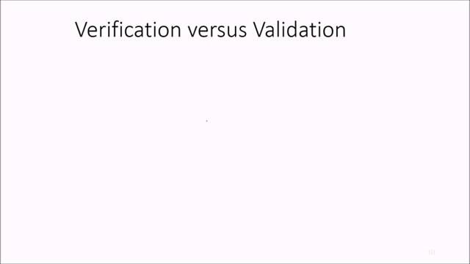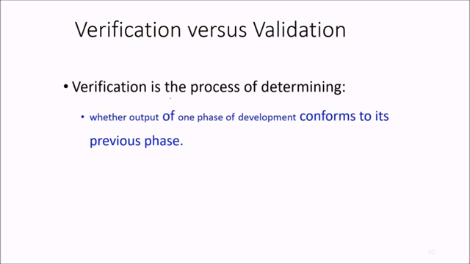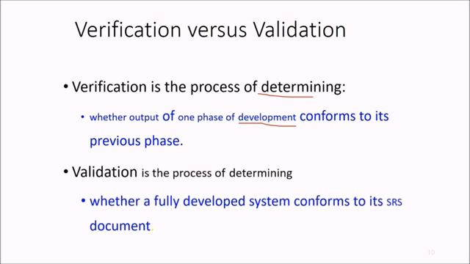Then an important question comes: generally people say verification of the system, validation of the system. There is a difference between verification and validation. Verification is the process of determining whether the output of one phase of development conforms to its previous phase. Validation is the process of determining that once the system is developed fully, it conforms to its SRS document.